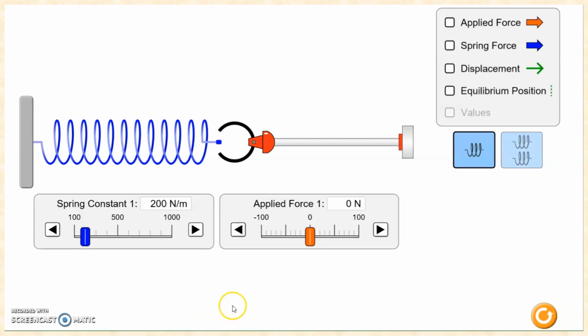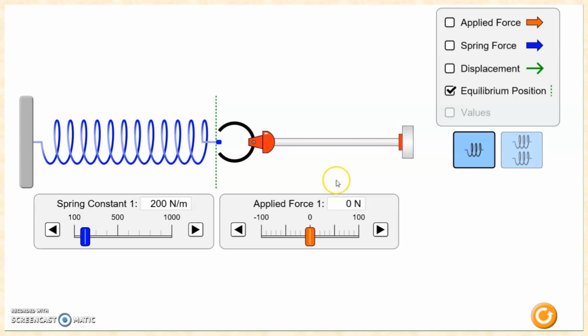To see what we mean by a restoring force, let's take a look at this simple simulation. Notice that we have a spring that we can apply a force to. Right now the spring is in its equilibrium position, as illustrated by this green dotted line, which means that the spring is neither stretched nor compressed. Let's see what happens if we exert a force on this spring and displace it from its equilibrium position.